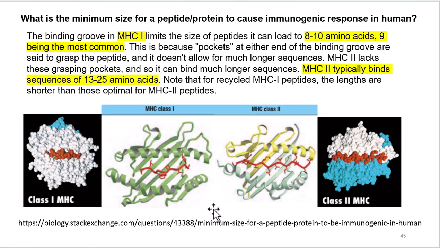If you have a drug and you want to fit it into either an MHC1 or an MHC2 cleft, the drug is going to have to replace part of this peptide for the recognition site. And if it doesn't do it well, you're not going to have an immune response.